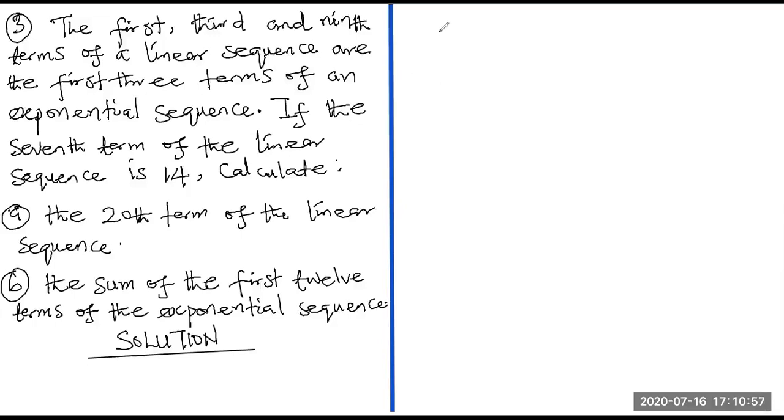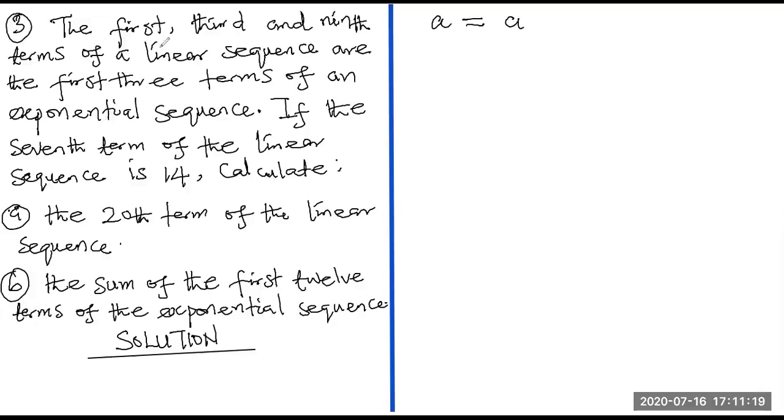So now the first term of our linear sequence is always A, and it corresponds to the first term of our exponential sequence, A. So we don't have a problem with this one. A is equal to A. 5 is always 5. So we now take the next one. The third term corresponds to the second term because it's the first 3 terms of an exponential sequence.